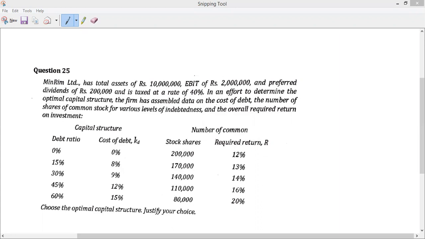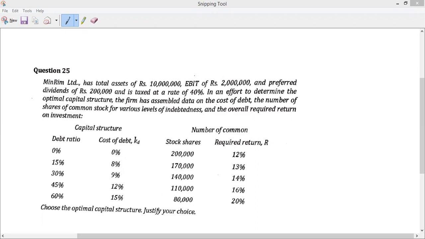We have done this before. You divide it by your equity? The required rate of return. That is the WACC only. So you just divide that by that.